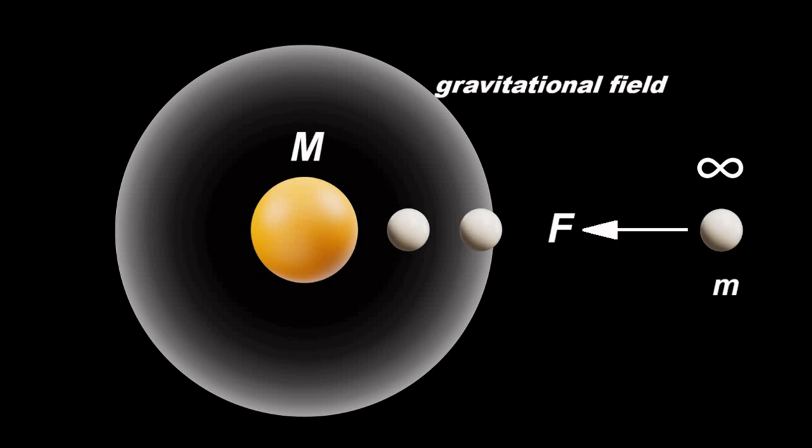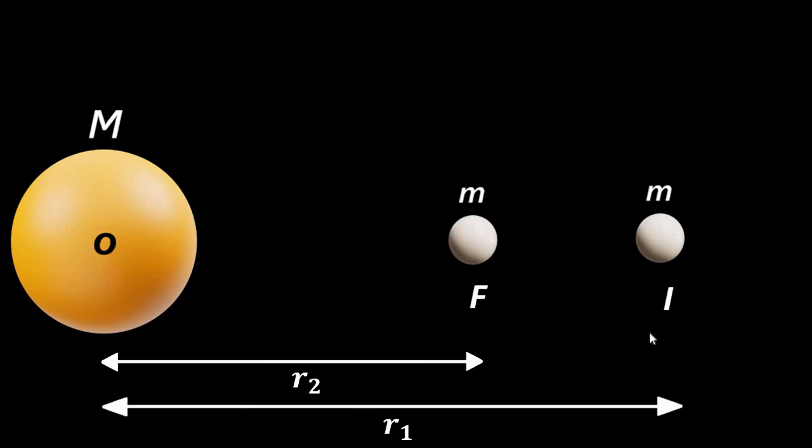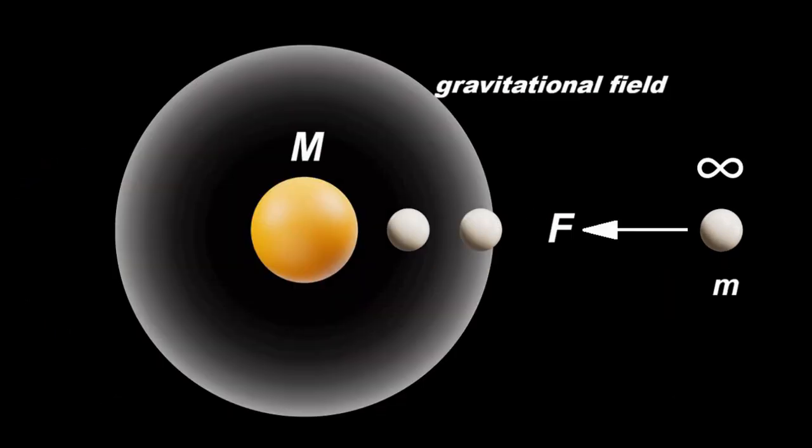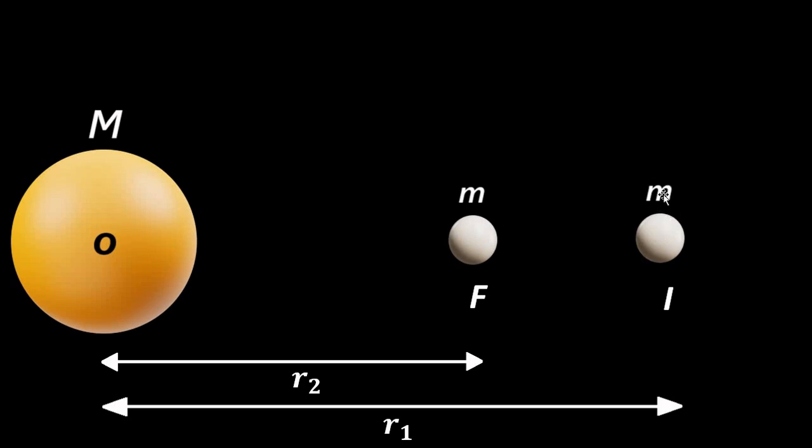Now let's say we want to determine the change in potential energy. Each position is associated with a certain potential energy. Let us say we have an object within the gravitational field of the other. We have an object of mass small m, the white sphere. It is at an initial position I, where the separation distance is r1.